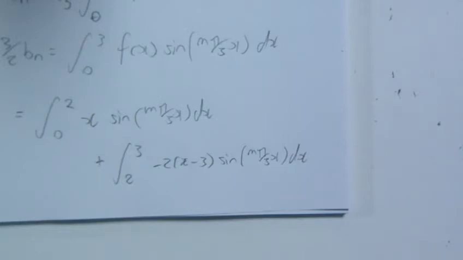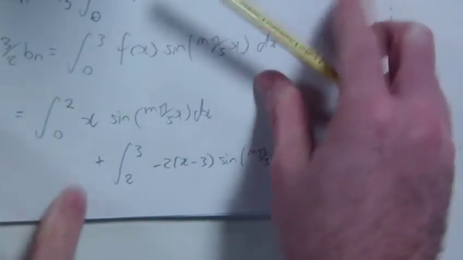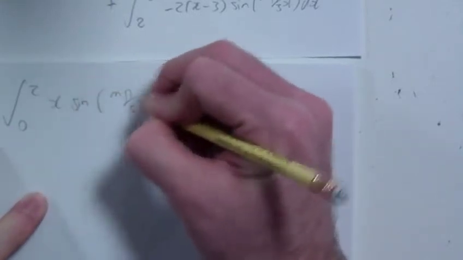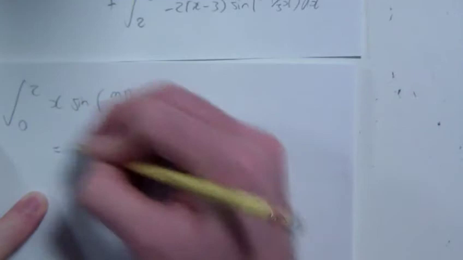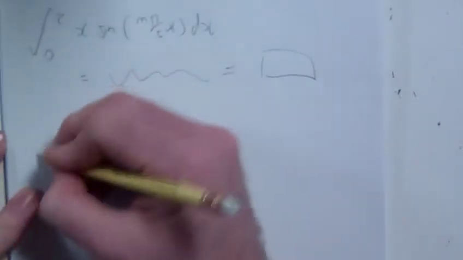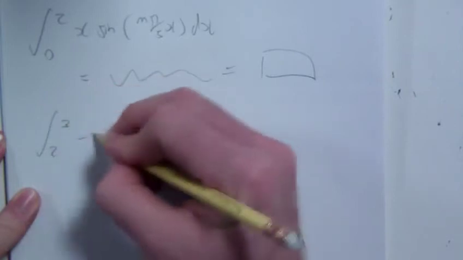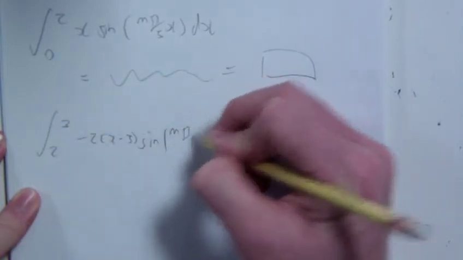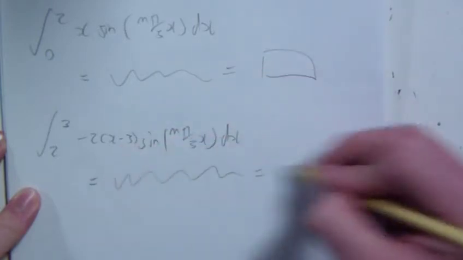Yes, I'm going to have to do both of those integrals separately. I would split them up. I would go the integral from 0 to 2 of x sine n pi on 3x dx equal blah blah blah, and I get an answer at the end. And then the integral from 2 to 3 of minus 2x minus 3 sine n pi on 3x dx would be equal to blah blah blah, and then be an answer for that.